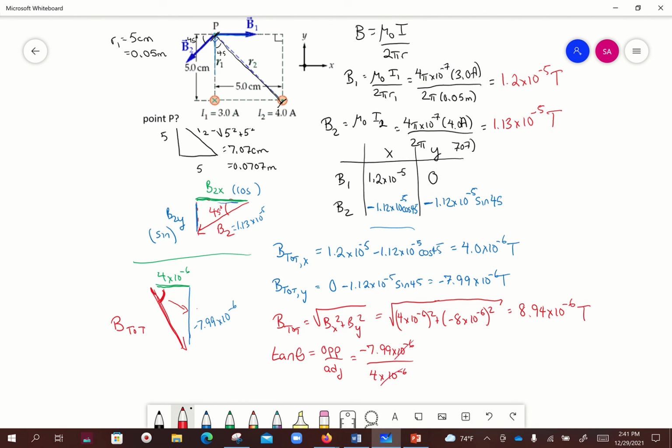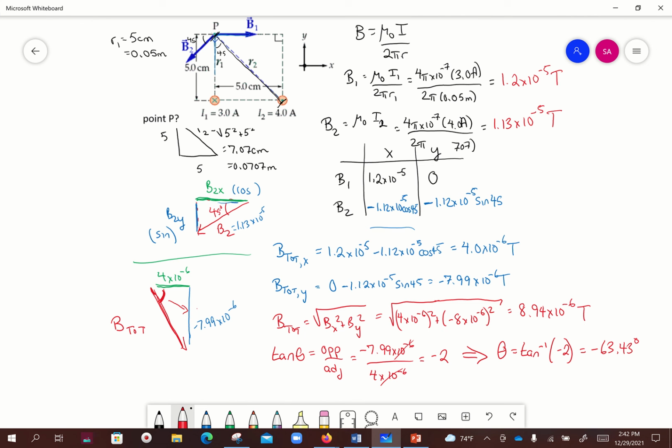So those 10 to the minus 6 just cancel. So I can just put that in my calculator as minus 8 over 4, which is minus 2. So to get the angle, I take the inverse tan of minus 2. I get minus 63.43 degrees.